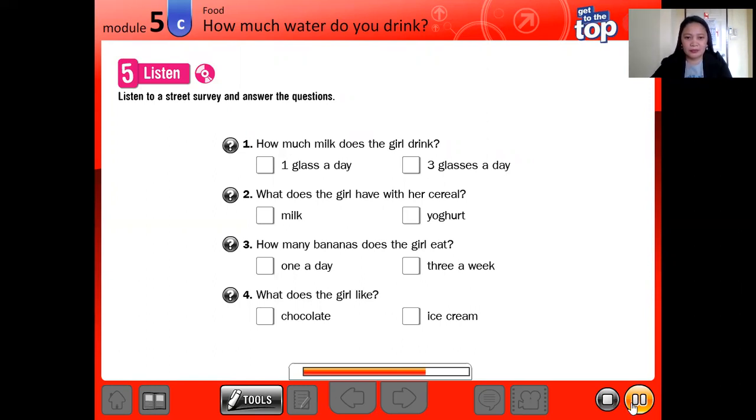Now, I think I know the answer to the next question. How much ice cream do you eat? A lot, right? No, I don't. But you like ice cream, right? Well, actually, I don't. Wow! You don't like ice cream. Do you eat chocolate? Yes, I like chocolate.